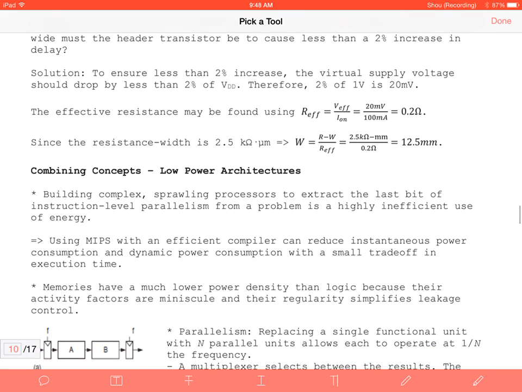Building complex, sprawling processors to extract the last bit of instruction-level parallelism from a problem is a highly inefficient use of energy. If you recall from the previous course, with instruction-level parallelism you're trying to take advantage of pipelining. So you have multiple stages.